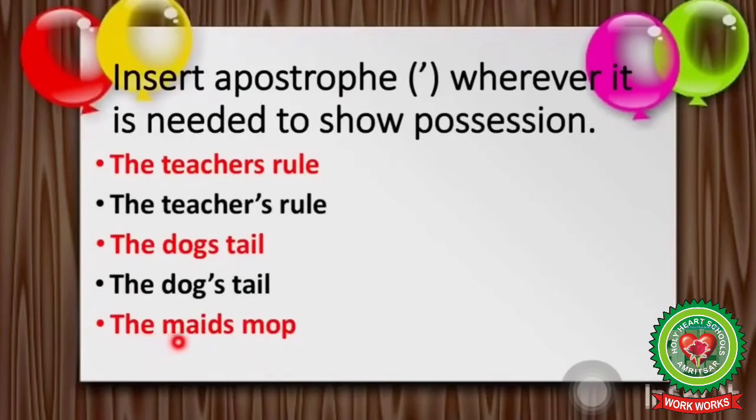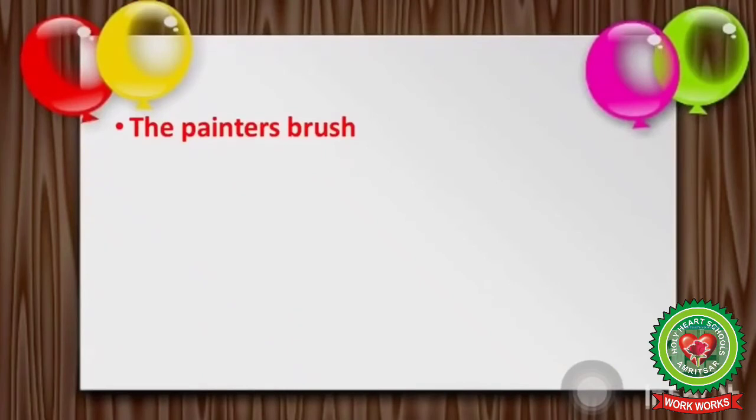Look at the next sentence. The maid's mop. Here students, we are talking about maid. Maid is a singular noun and mop shows possession towards maid. And here we will insert apostrophe before s to show possession. So it can be written in this way. The maid's mop. Look at the next.